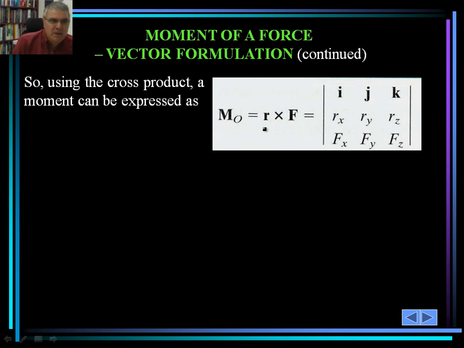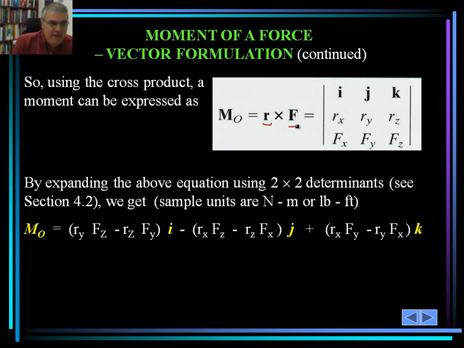The second line would be the components of r, the first component of the cross product, and F would be the second component of the cross product, in this case F sub x, F sub y, F sub z.